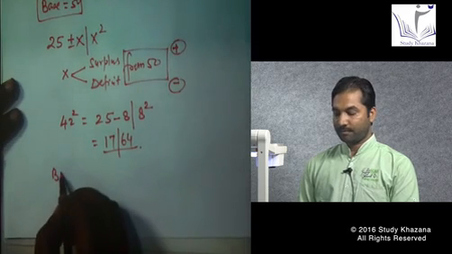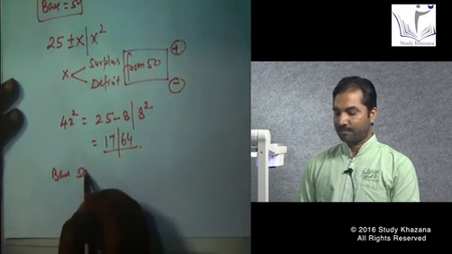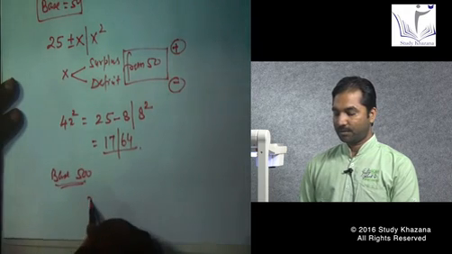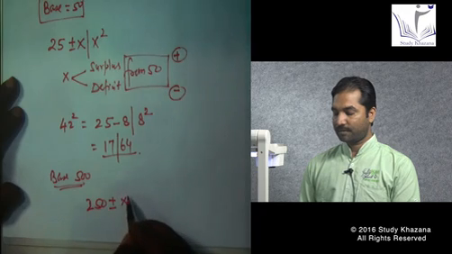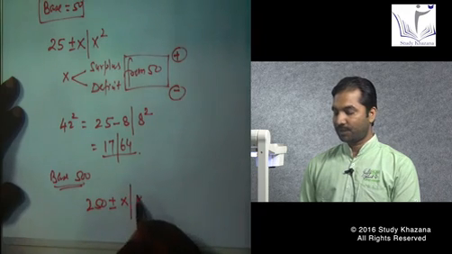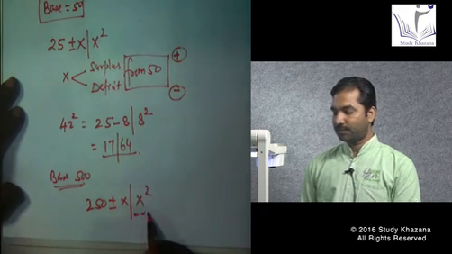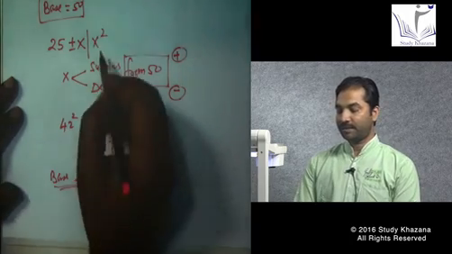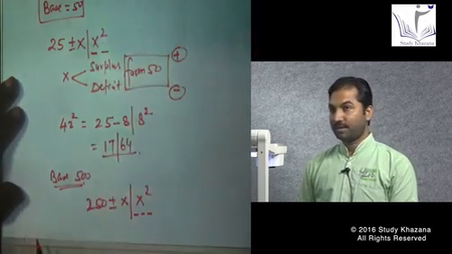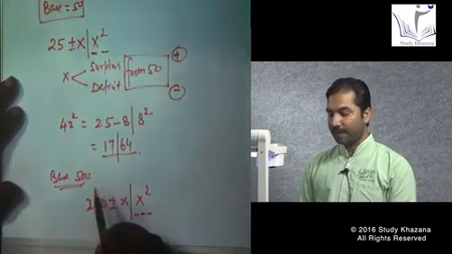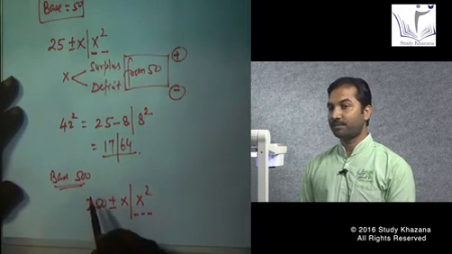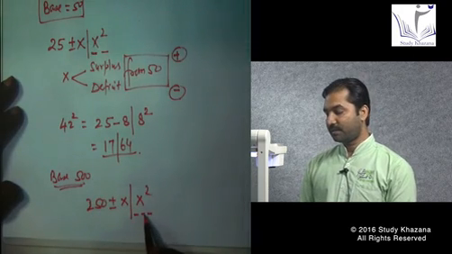For base 500, we take 250 plus or minus x, and x square. Here x square is of 3 digits, and in this way it is 2 digits, right? Because here 50 is half of 100, here 500 is half of 1000, which contains 3 digits, so here is 3 spaces.